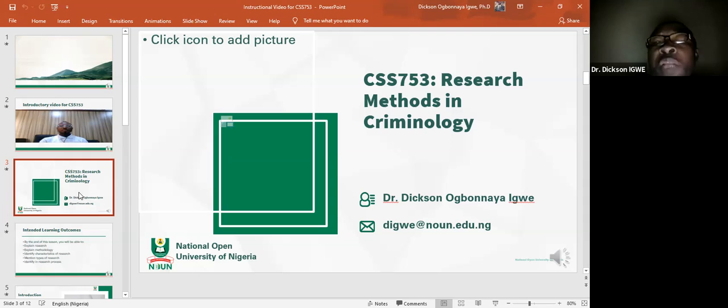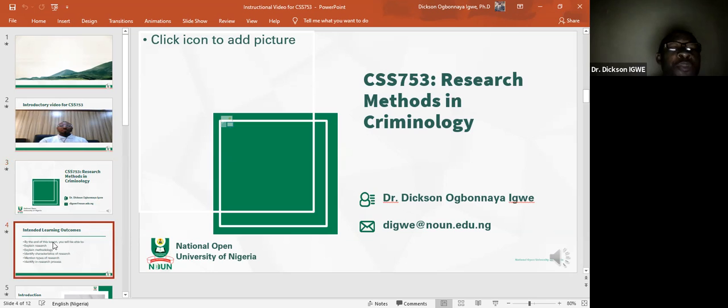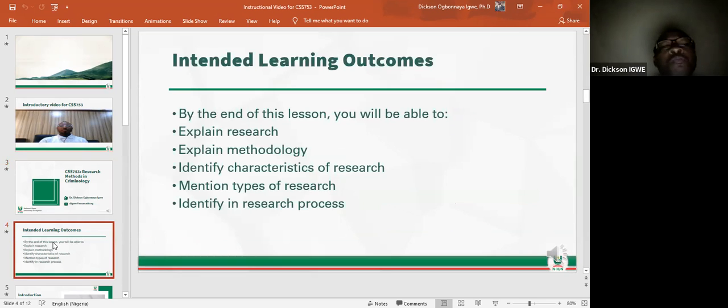And so for tonight, we are going to be talking about research methods in criminology. We're going to have an overview, a rundown of research methodology, a general overview, before we start taking it bit by bit and discussing from stage 1, chapter 1 to the very last chapter. So come on with me, let's go into the lecture room.